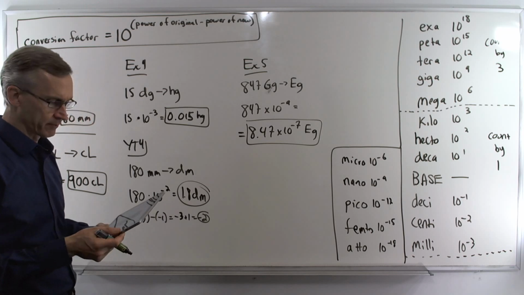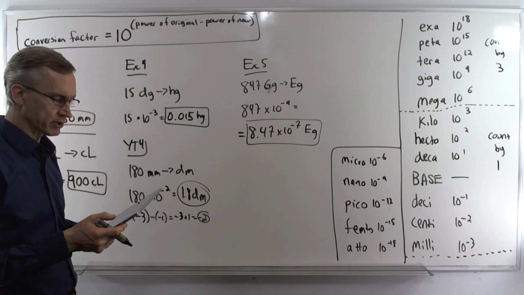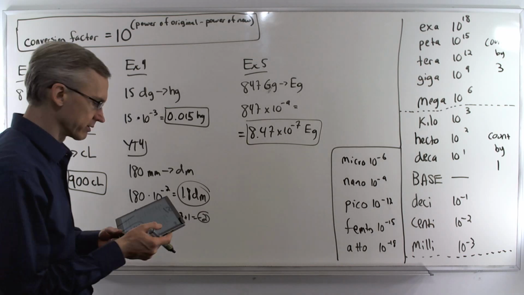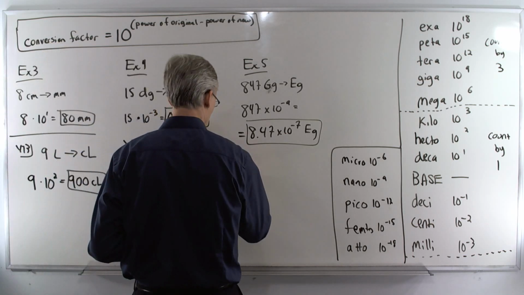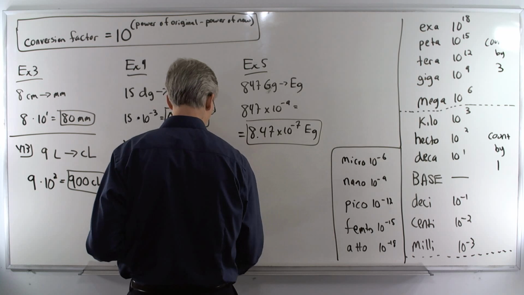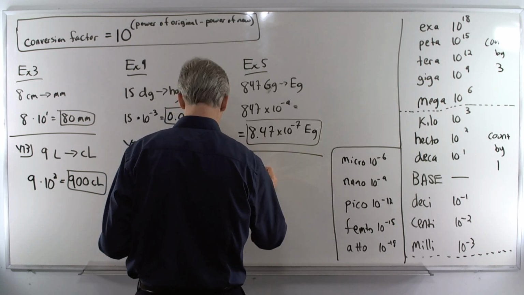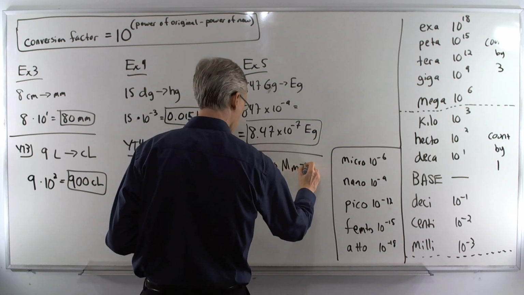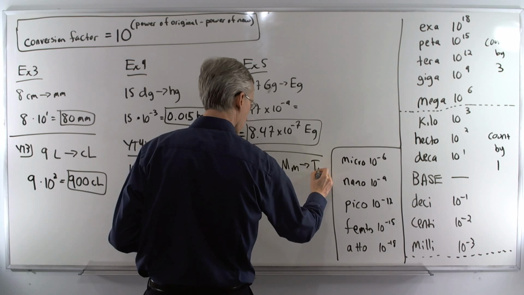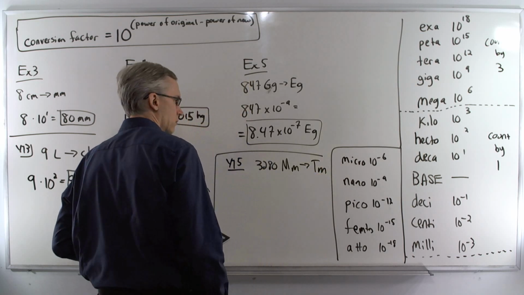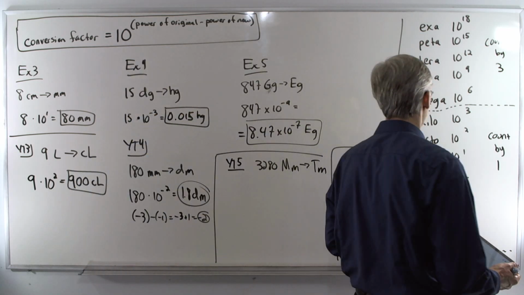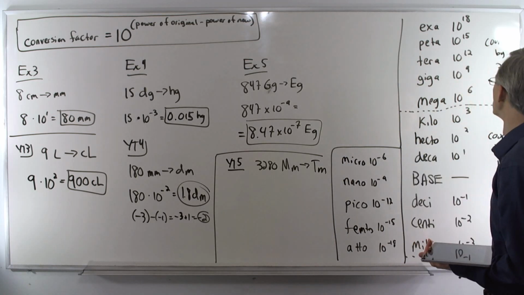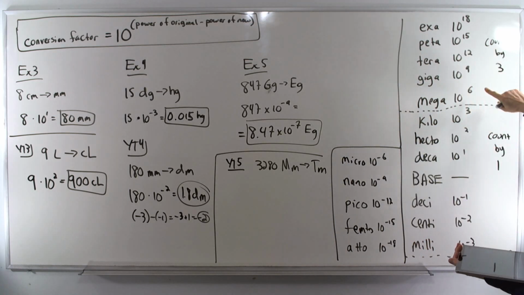Your turn, number 5. Change 3,280 megameters to terameters. We're starting with mega, going out to tera.